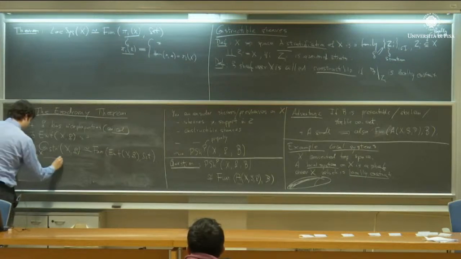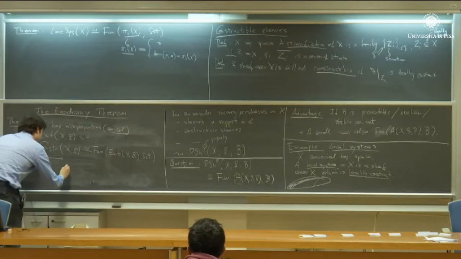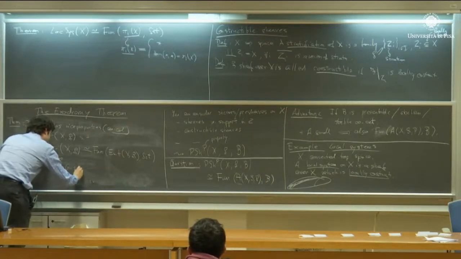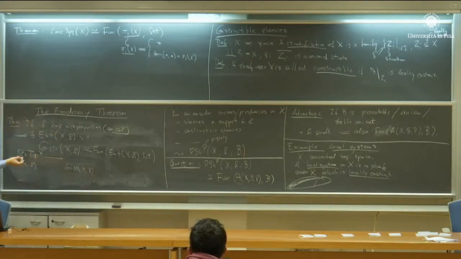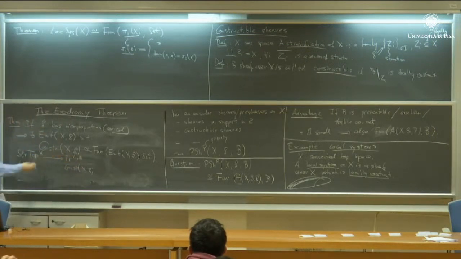Then you can associate to such a pair (X,S) the category of constructible sheaves over (X,S). It's convenient to see it as presentable. In particular, it's going to live in the symmetric monoidal category of presentable categories with the cocomplete tensor product.